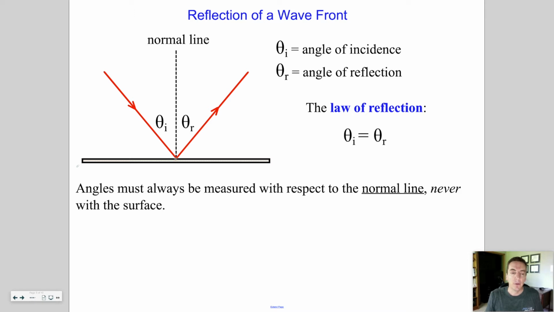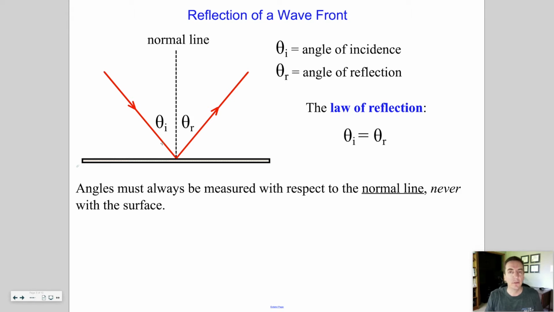Then the ray or wave reflects off the surface, and we've got a reflected ray. Incident means coming towards. The reflected ray, obviously, is the ray that is reflected off the surface. The angle at which the ray is incident to the normal line and the angle at which it reflects, again measured with respect to the normal line, are equal.